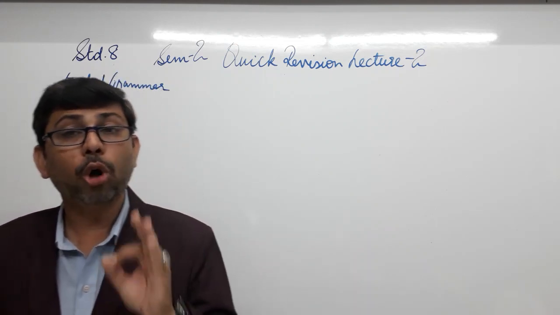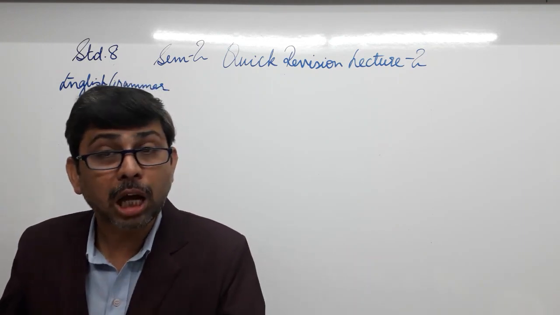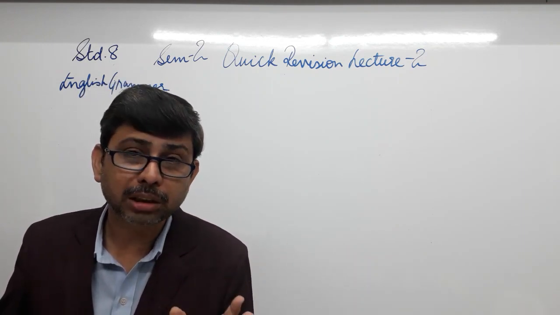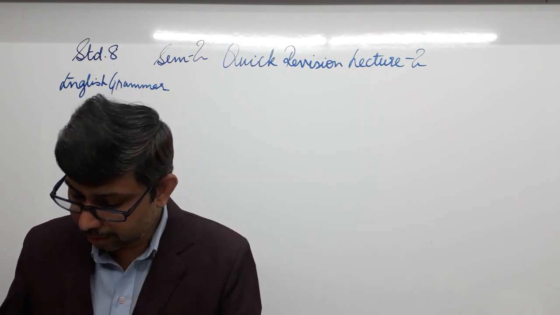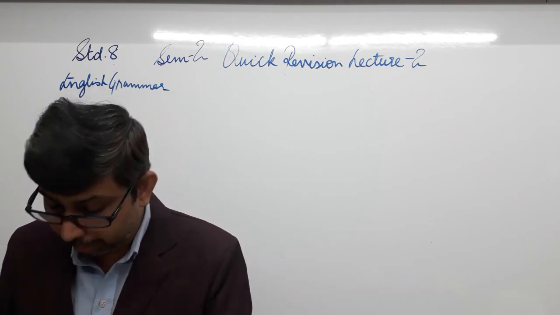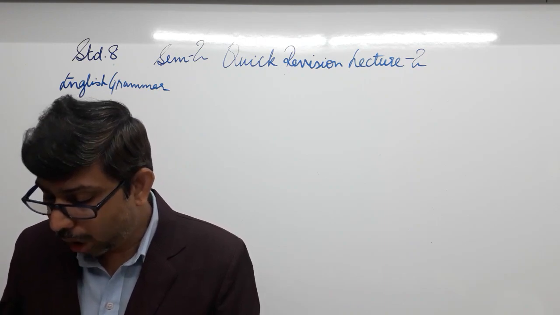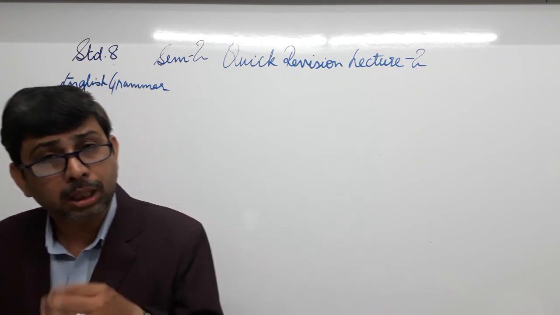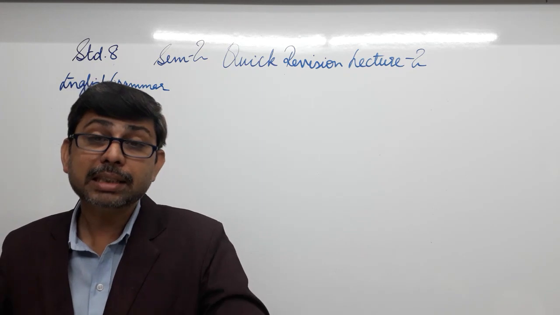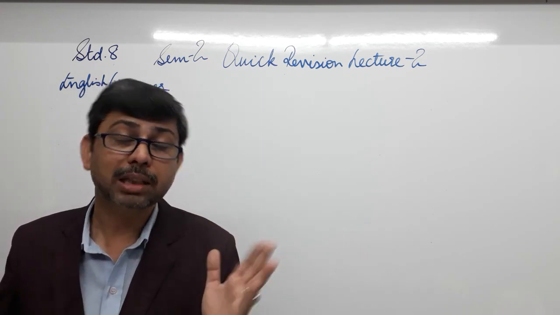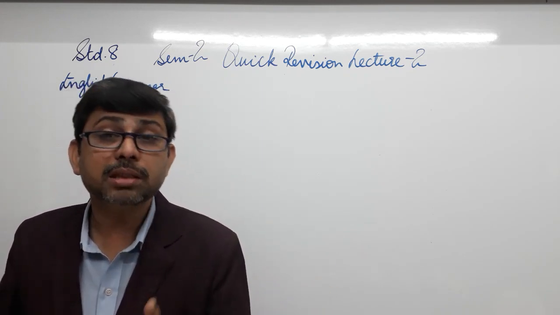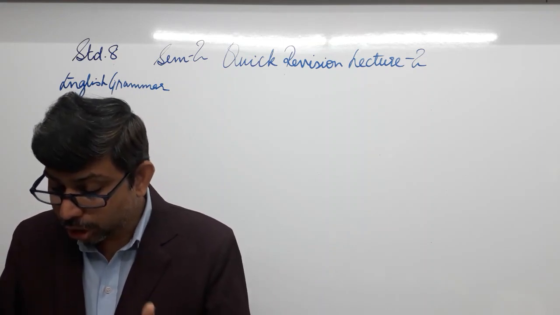So an action that got completed, but not now, at some point of time in the past. Now how is this created? Let us try to make it very simple. Having lost our way, we stopped to ask for the direction. I am not talking about the current time. I am saying this action happened sometime in the past, and that is the time when we took this decision. Having lost our way.